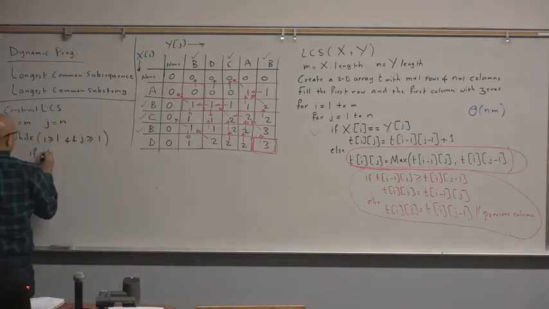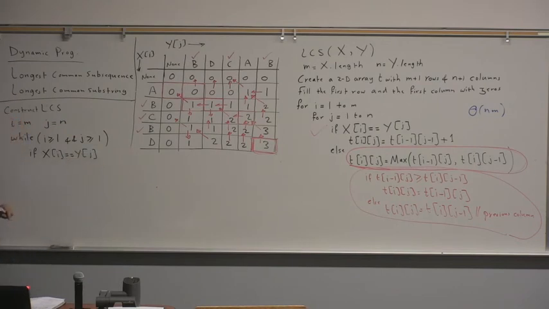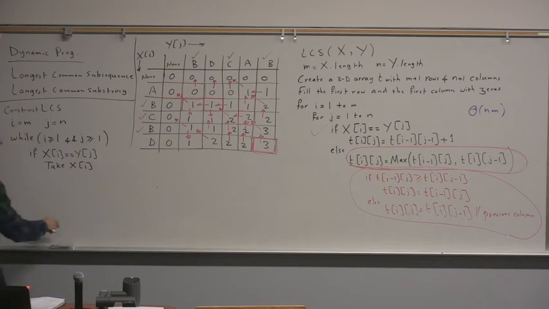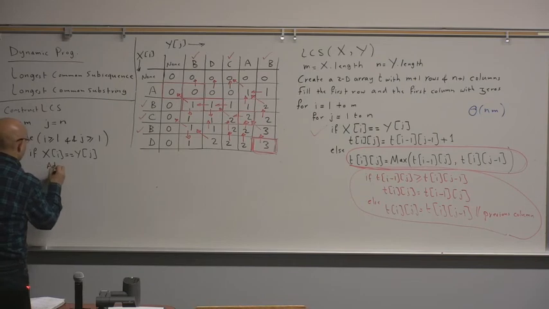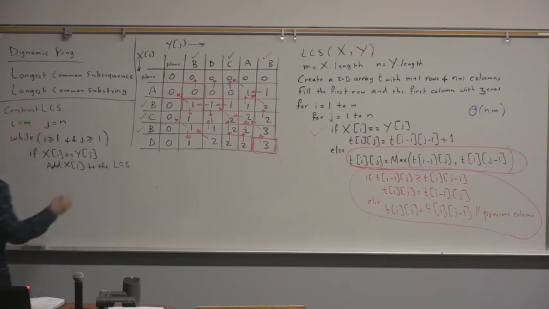So if x of i equals y of j, what do we do? We take it: add x of i to the string, to the longest common subsequence.